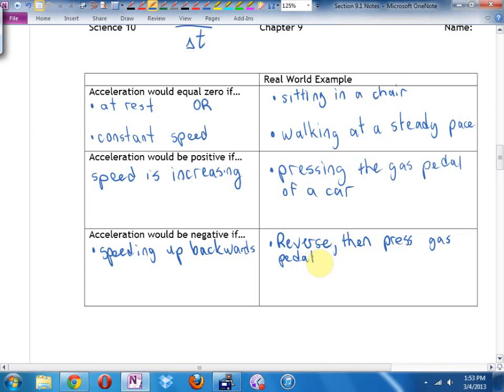Can you have a negative acceleration even if your car is traveling forwards? Slowing down. Oop, that's terrible. Slowing down. Nice. Hitting the brakes when you're moving forward.